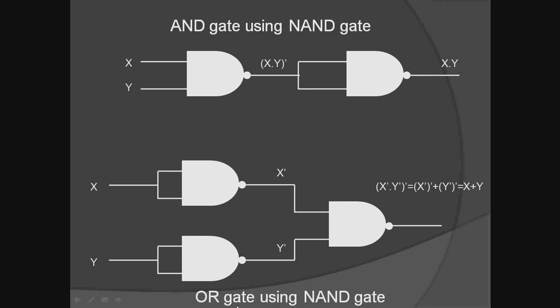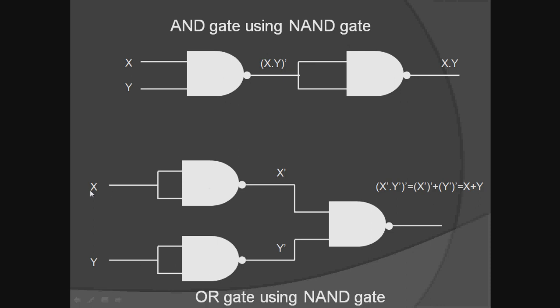Now in the case of the OR gate using the NAND gate, as you can see here, you are using 3 NAND gates. For the AND gate you used only 2 NAND gates, but here you are using 3. You can see that x is only one input and y is only one input. In the last gate there are 2 inputs, but the first input is represented by one NAND gate and the other input by another NAND gate.